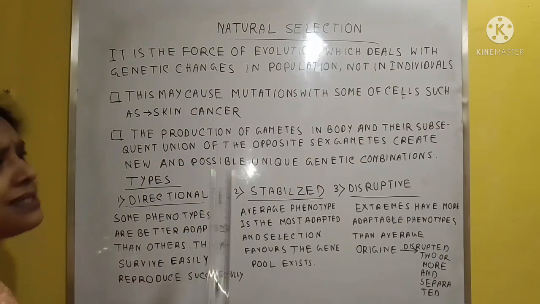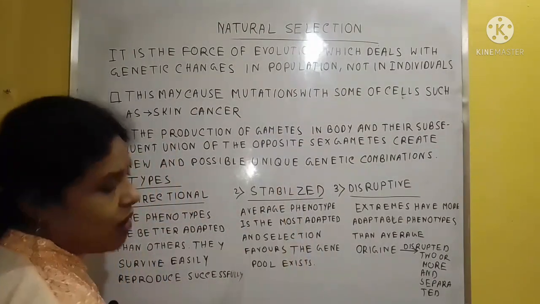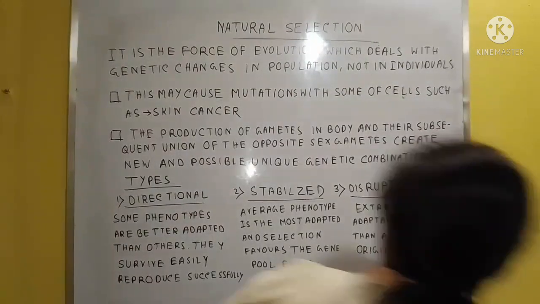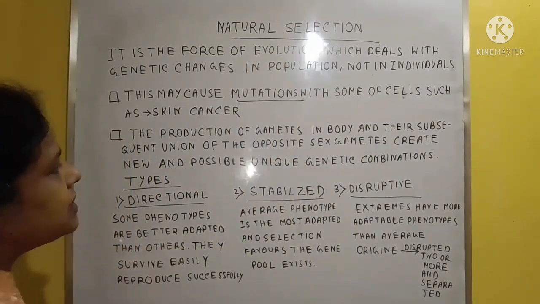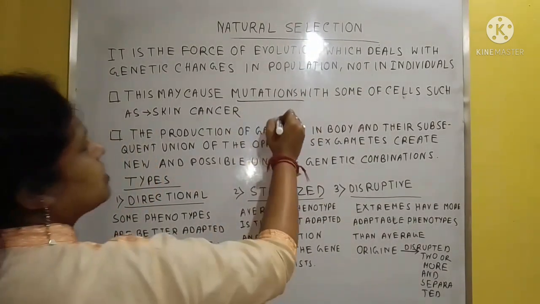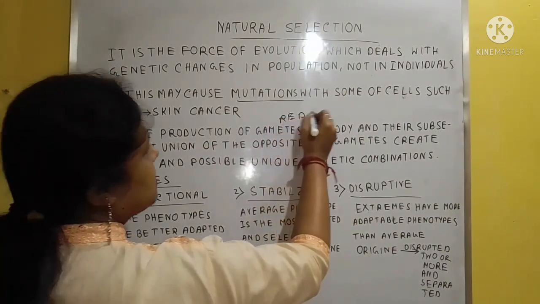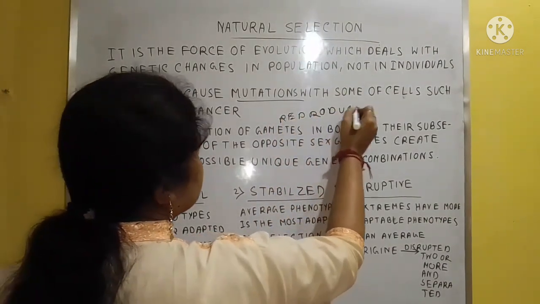Okay, so this is possible in two ways. One is mutation, and another is reproduction. Okay, these are the two processes.